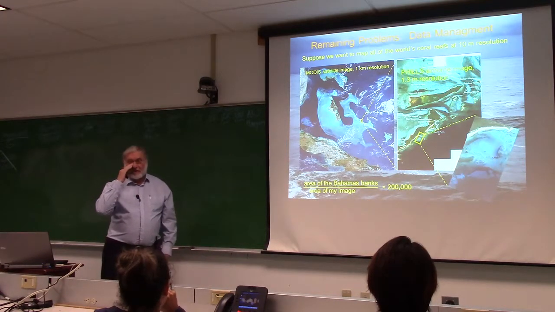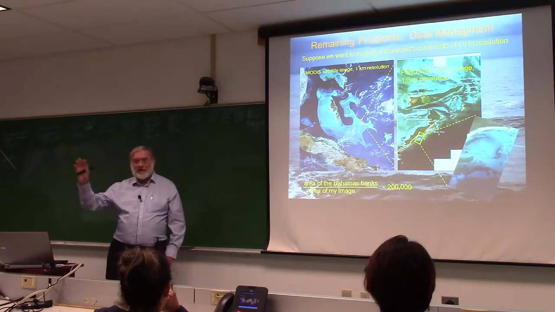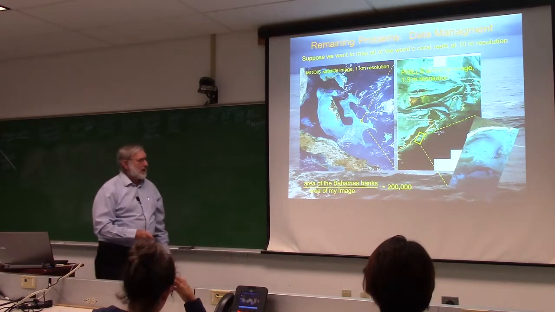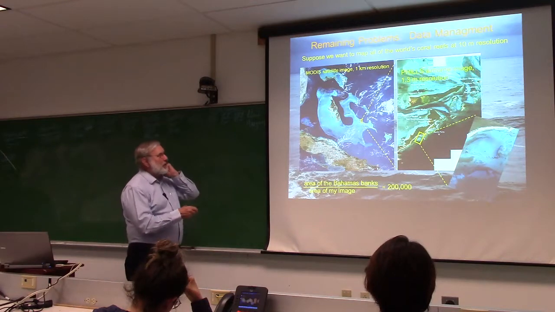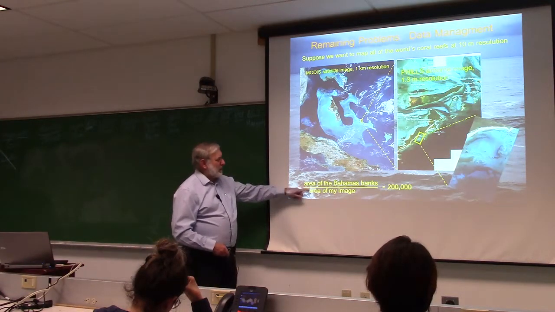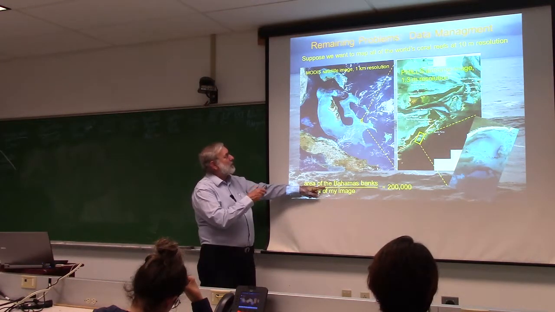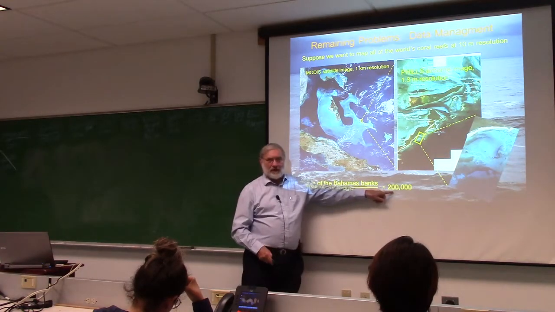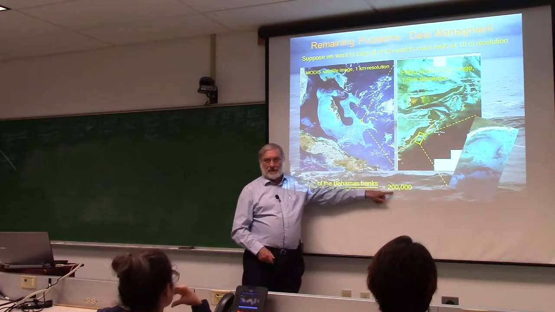So if you talk to the coral reef guys, they say, oh, we'd love to have a 1 meter or 10 meter image analysis of all the world's coral reefs, and we can do wonderful science with that. Well, just to do the Bahamas area, the ratio of the whole Bahamas Banks area to my image is something like 200,000 times as many pixels.